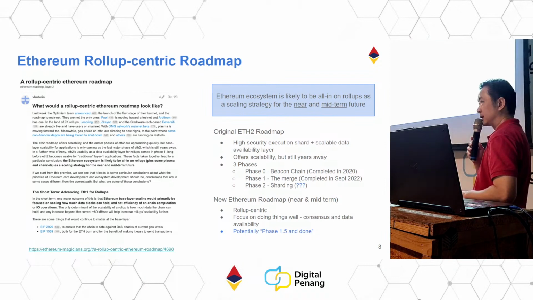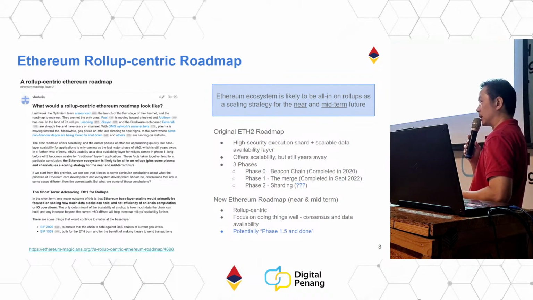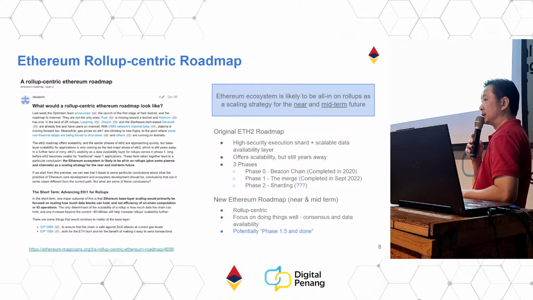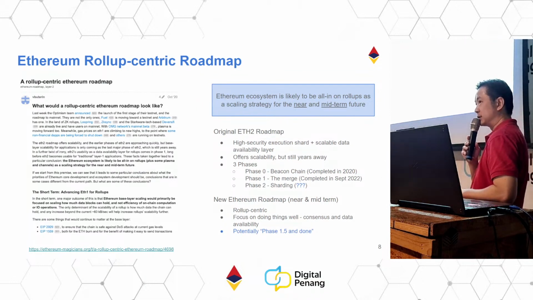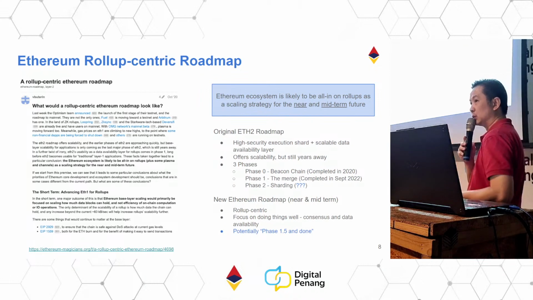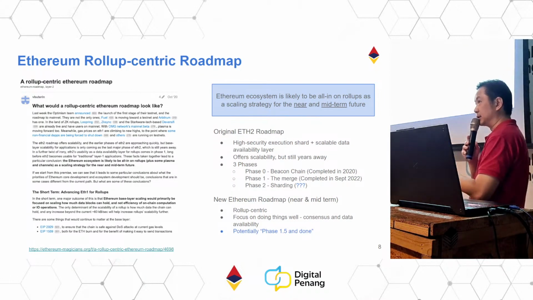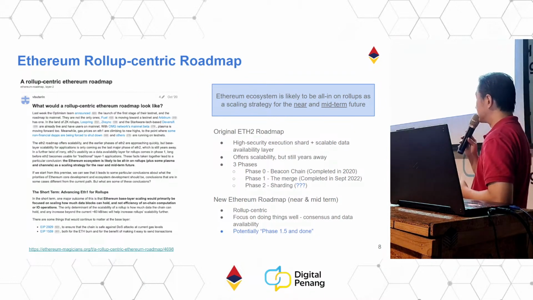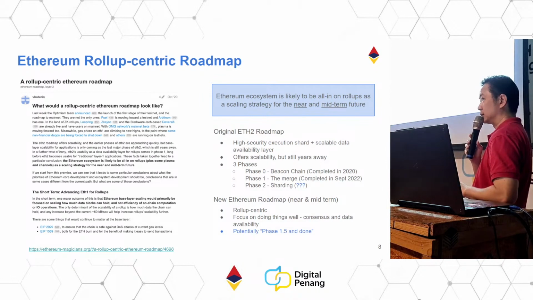To achieve that, Ethereum needs to run at about 100K TPS to make sure that everybody in this world can leverage it for the transfer of value in their daily life. But to achieve that is very difficult because Ethereum fundamentally has scalability issues.